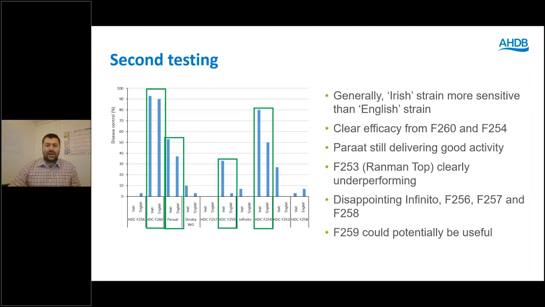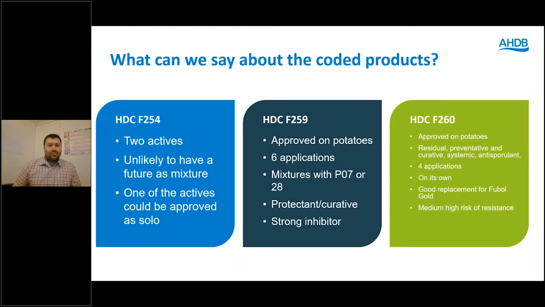But I think F260, F254 and F259, those three products give us some really good confidence, and I believe AHDB are pursuing EAMUs for some of those already. I think, what can I say about the coded products?